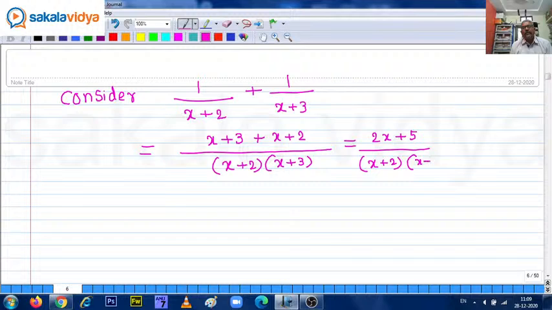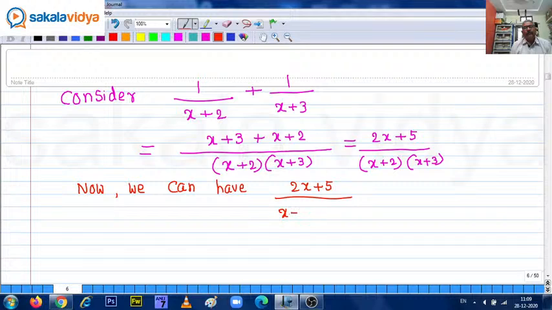That means what do you observe? The sum of two proper fractions equals a proper fraction. Again, you think in reverse order, conversely. Now we can write this 2x plus 5 upon x plus 2 multiplied by x plus 3 as 1 upon x plus 2 plus 1 upon x plus 3.